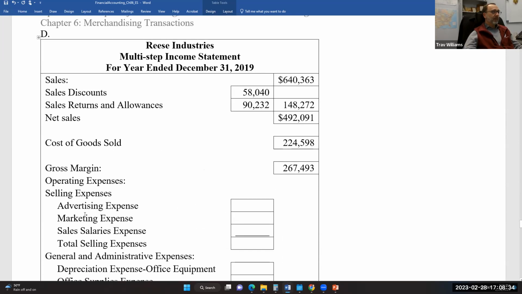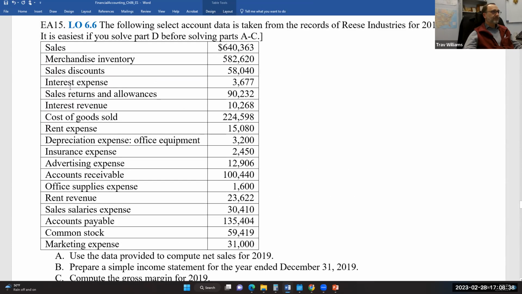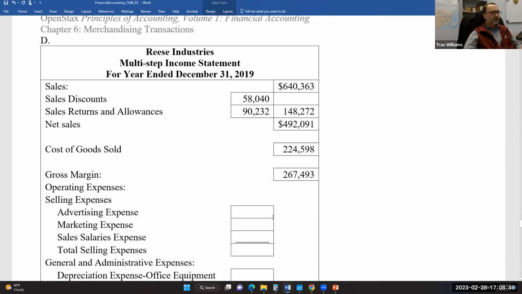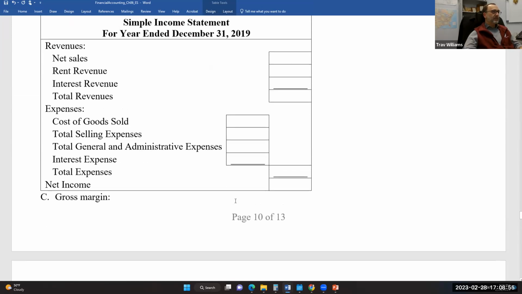So we're going to start here with advertising and marketing expenses. So let's go get those. Here's advertising expense, and marketing is down here, 31,000. Then we need sales salaries expense.